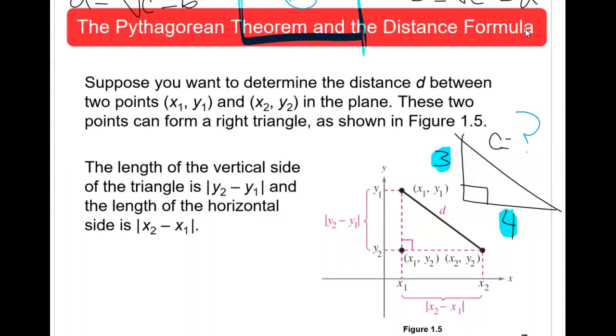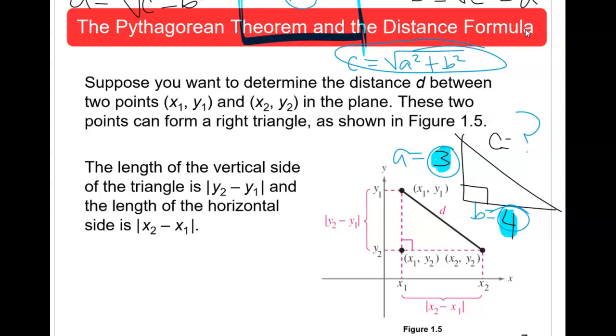So in that case, of course, c is equal to the square root of a squared plus b squared, and you just substitute those numbers, one for a and one for b, into the Pythagorean theorem formula.